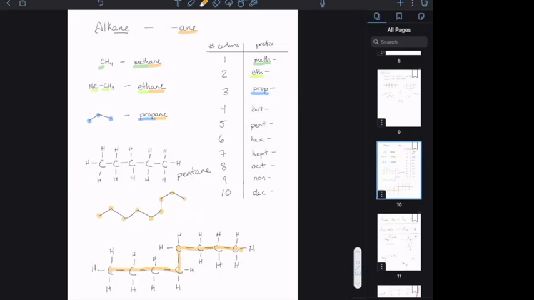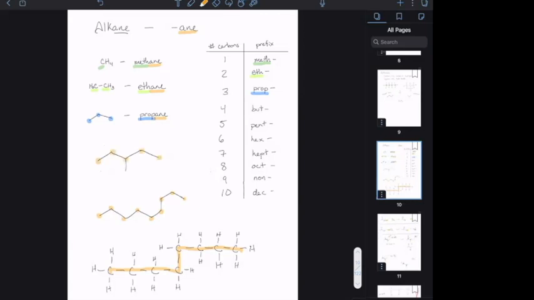All right, and this may seem very weird now, but when we start getting into branch points, it's going to be very important. I'll just give you a preview of where this is going to go. The first step in naming an organic compound that has a branch is to first find the longest continuous set of carbons.